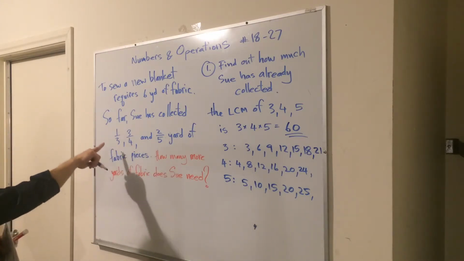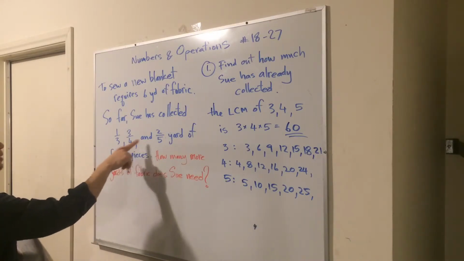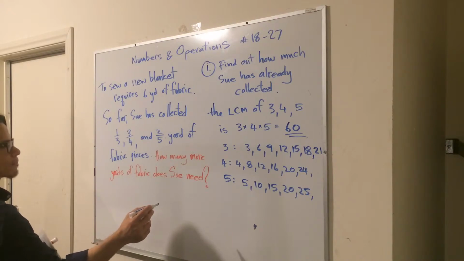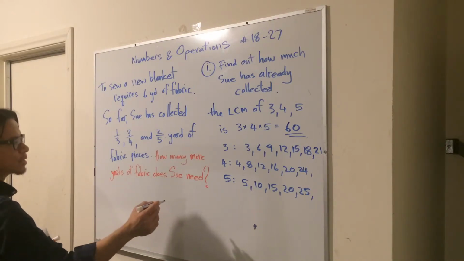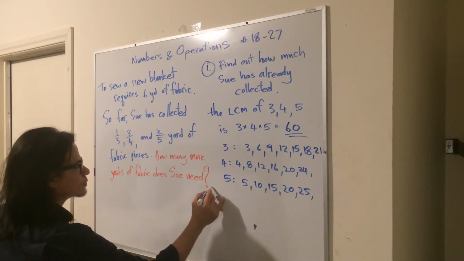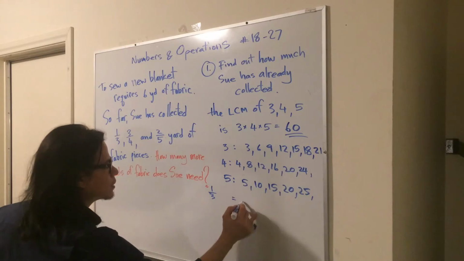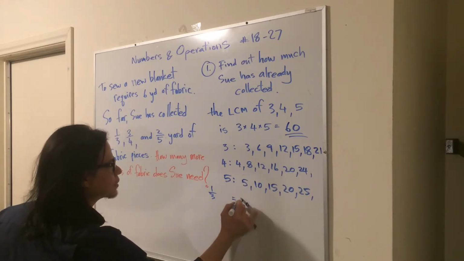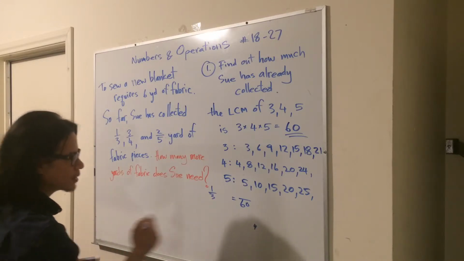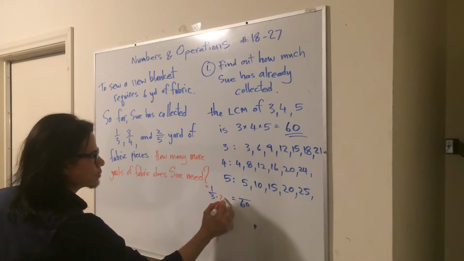Now, we can add up the 3 pieces. Let's find the equivalent fractions of these 3 fractions. The equivalent fraction of 1/3 is going to be something over 60. Ask yourself, 3 times what is 60? Times 20.